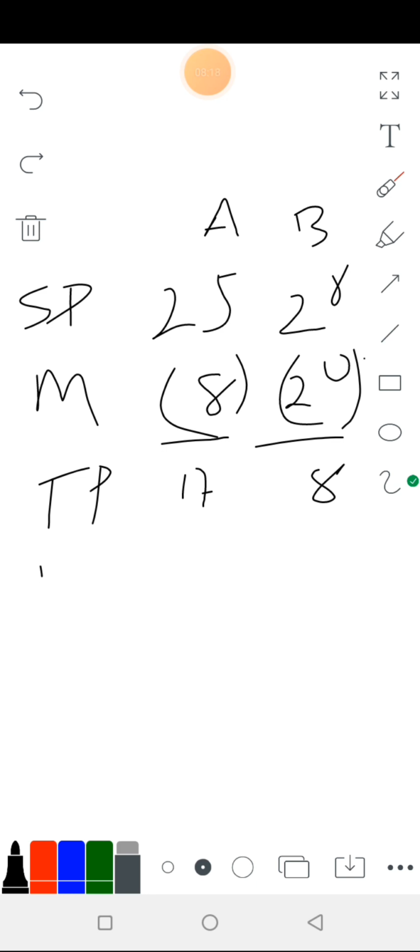Machine hours per unit. Remember, per unit, we require 2 hours to produce A, whereas 1 machine hour to produce B. So we need to divide the throughput by the machine hour. We underline as a division.